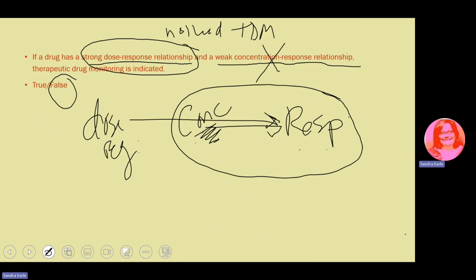When you do use TDM is if the drug does not have a strong dose relationship and a strong concentration response relationship occurs, then that would make it true.